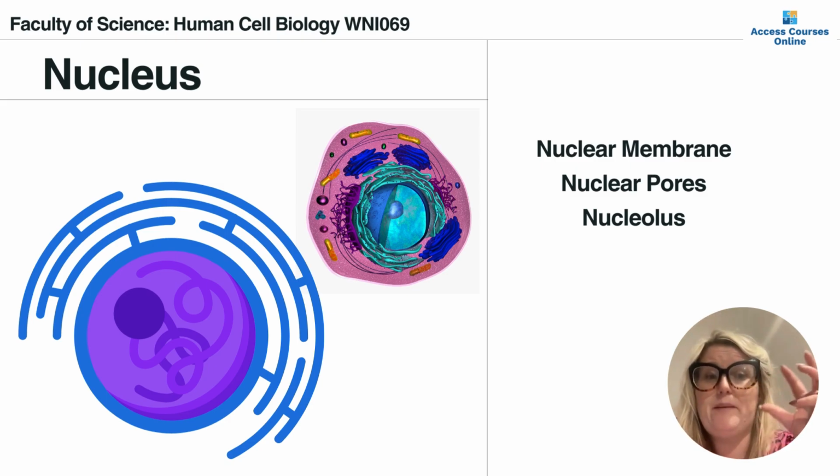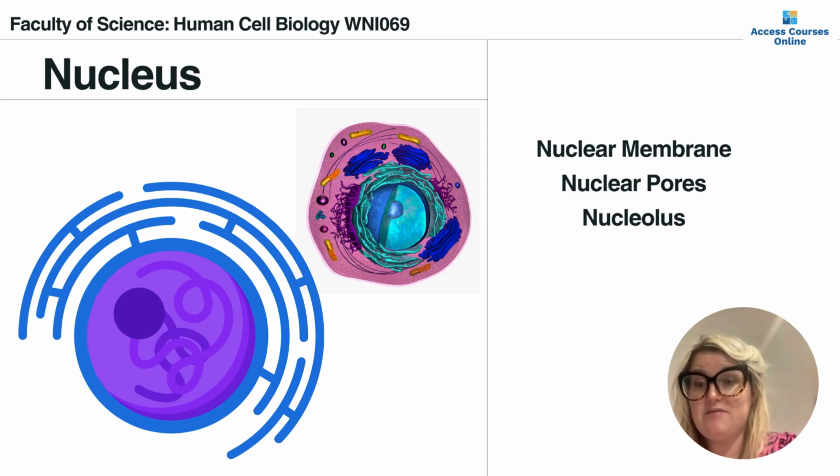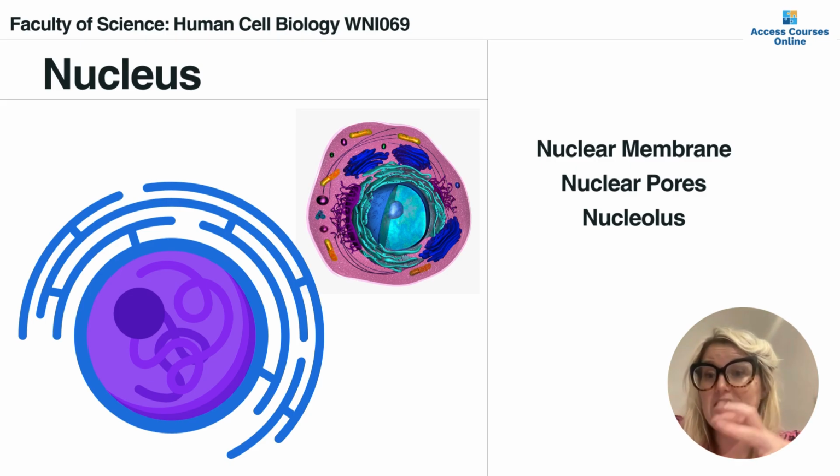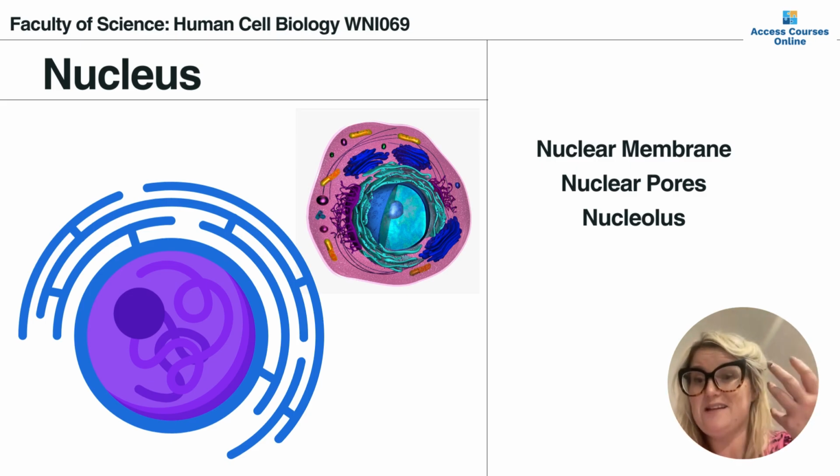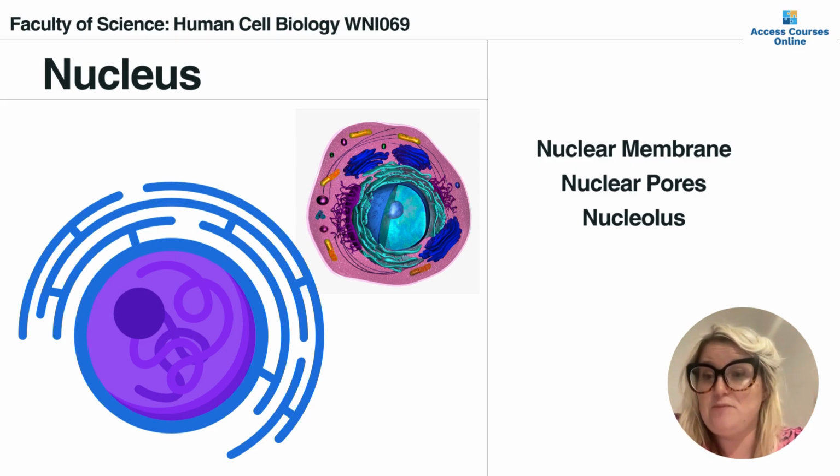So this nuclear membrane surrounds the nucleus, keeping all of that DNA inside safe. The DNA does direct the cellular activities, but also contains a genetic map, which basically is an instruction guide to make a full version of you. And as you probably know, your genes are unique to you.